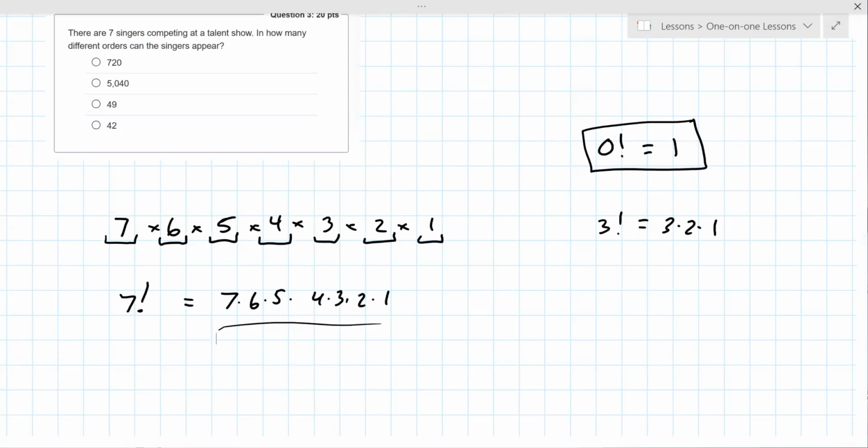So what does this multiply out to? And I'll give you a hint. It's not A, C, or D. Go ahead and multiply it out. Make sure you confirm the number.